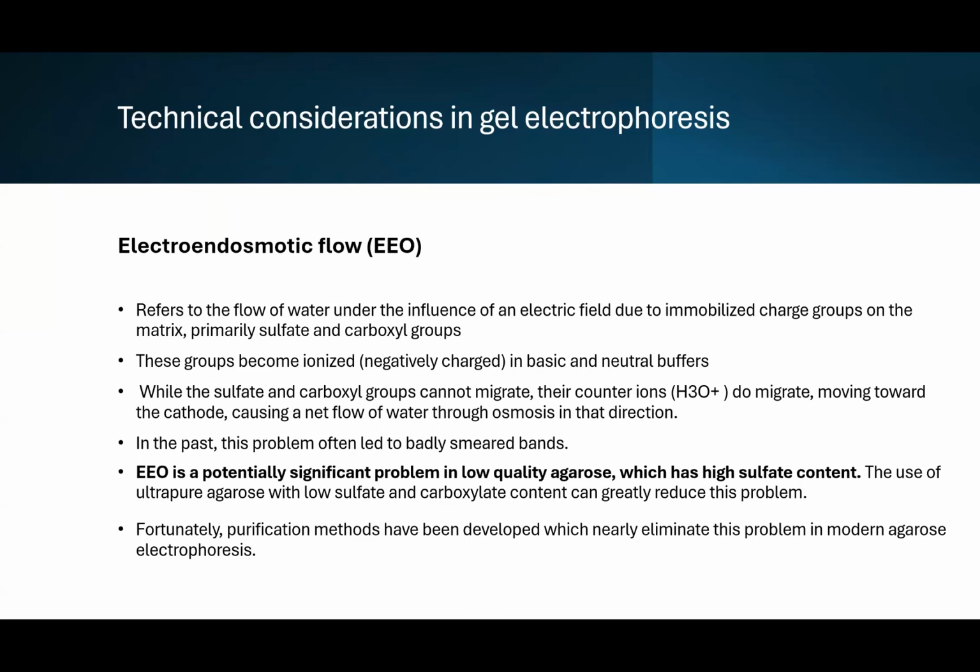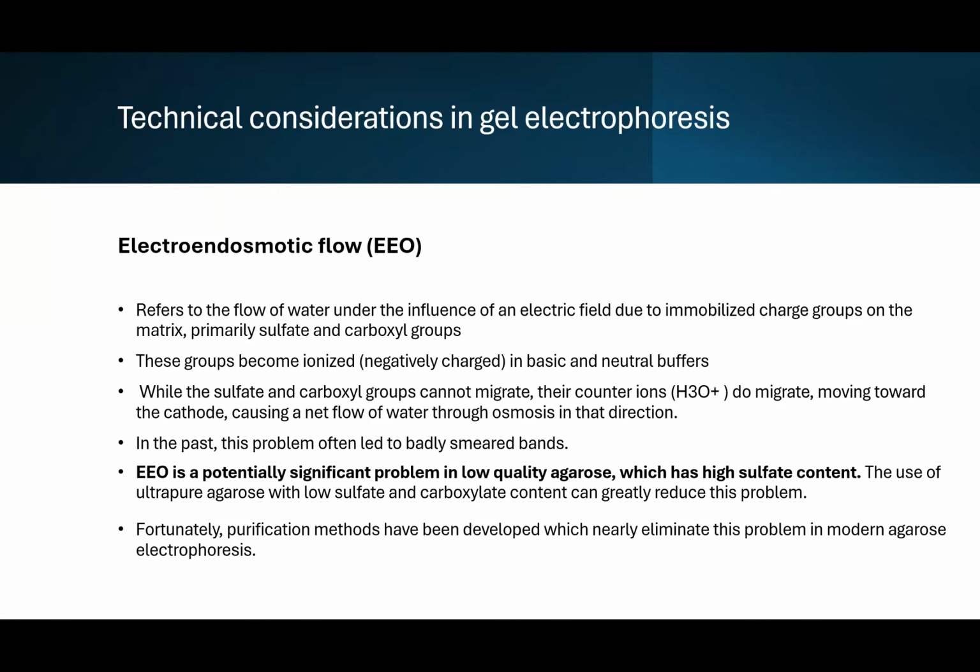Right, so electroendosmotic flow, which I talked about earlier, basically it's mainly a problem with low quality agarose gel. And what it is that basically when you have low quality agarose gels, they contain sulfate and carboxyl groups.